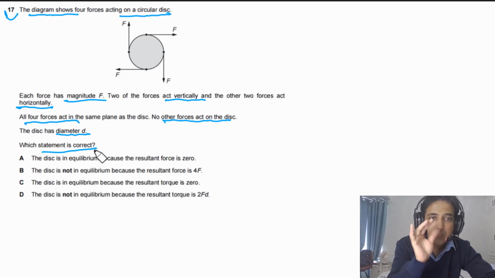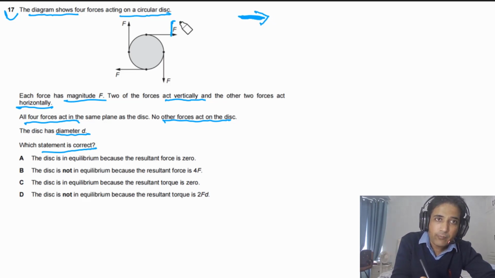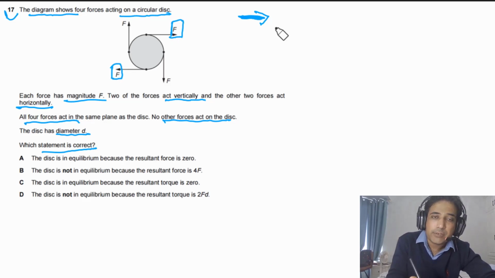Now if you look at this given disc, we have four forces. Looking at forces along the horizontal direction, we have one force along horizontal and another force. They have the same magnitude, so the F net along horizontal is equal to 0.